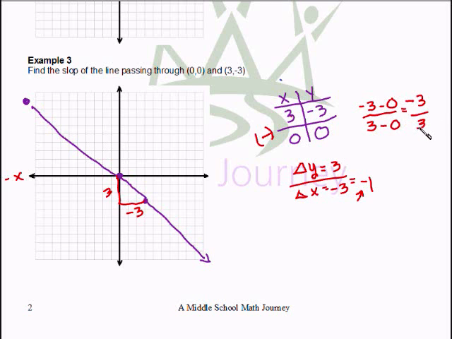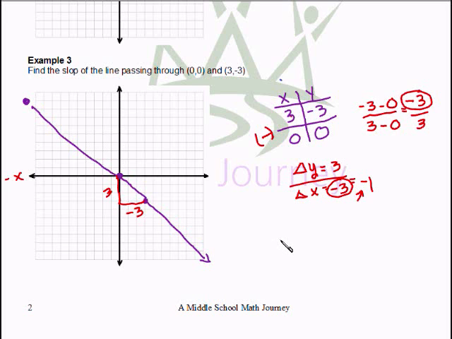Now you're going to say, wait a second, Mrs. Chapman, hold on. In this case, your negative's in the denominator, and in this case, your negative's in the numerator. How can they be the same answer? Well, the thing with negatives is as long as you have only one negative, your answer can be true. Your answer can be correct.